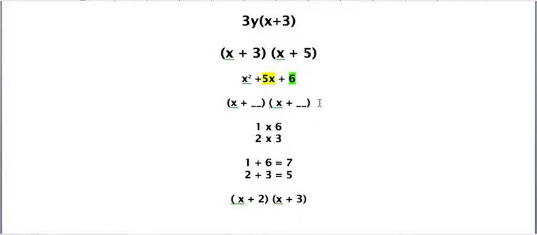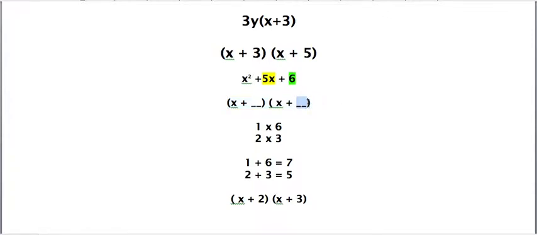So when we think about a trinomial and we want to factorize it, it's pretty simple. The first thing we need to think about is that it looks something like this, our end result. So our end result is going to be (x plus a number)(x plus a number). So that means that basically the blank bits are numbers.